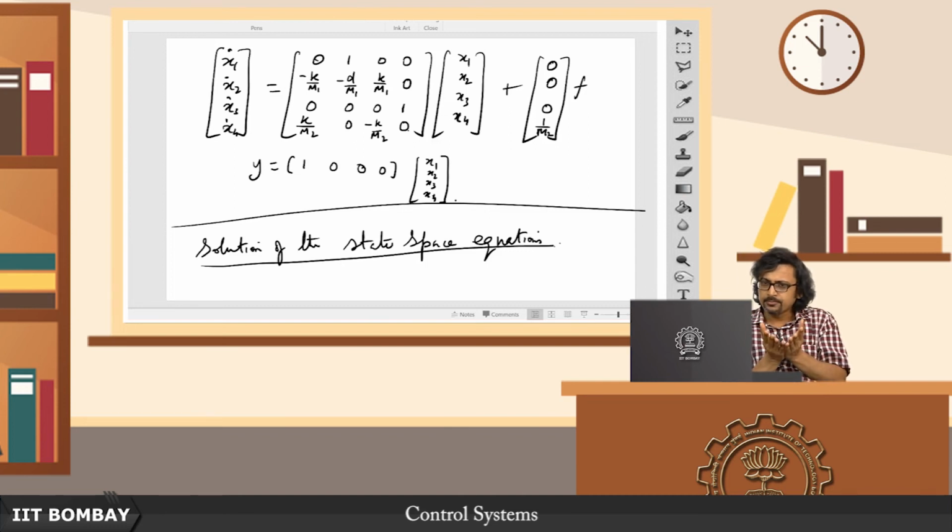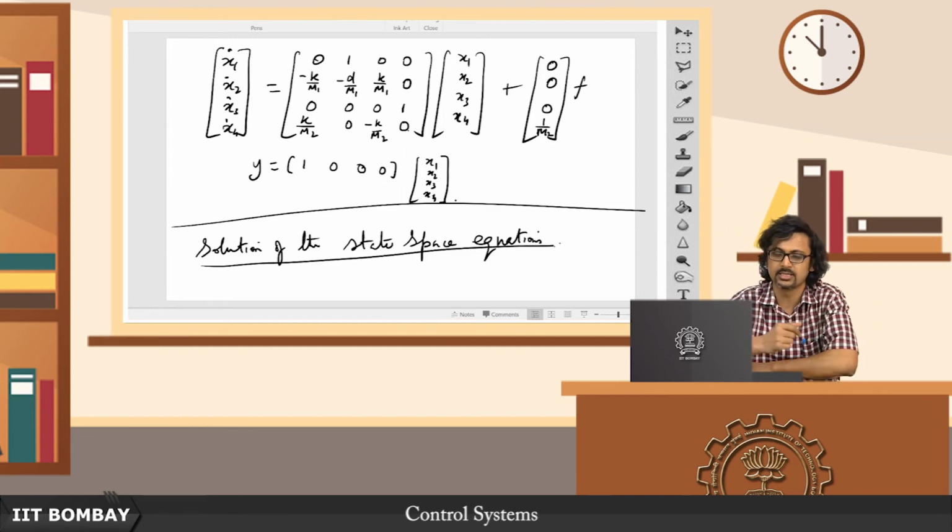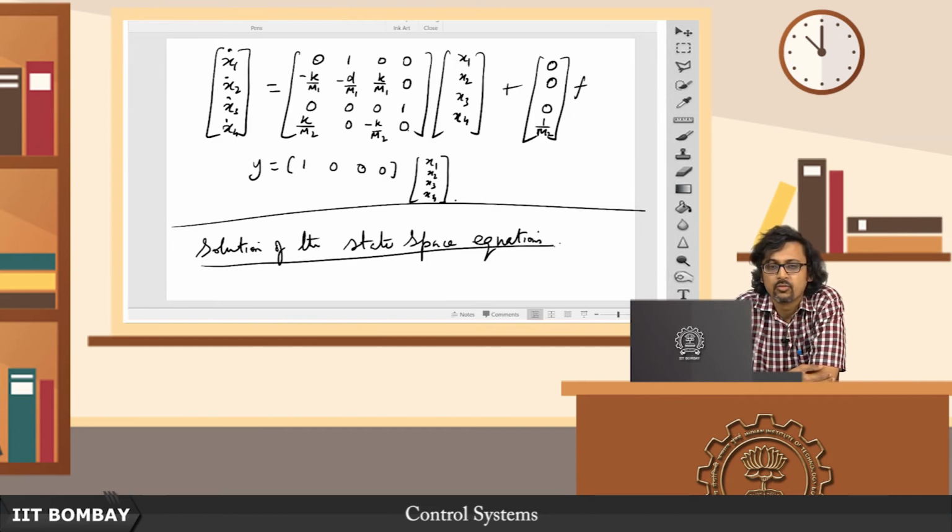You could do that, but I promise you that after seeing the first method of solving this state space equation, we will indeed present to you a method whereby you can completely bypass the use of Laplace transforms. Because as long as you are using Laplace transforms, you will invariably get the feeling that this is after all old wine in new bottle.